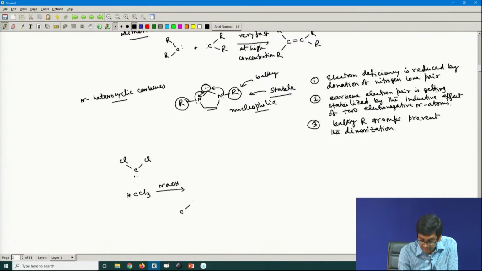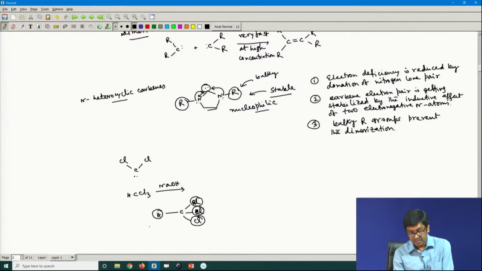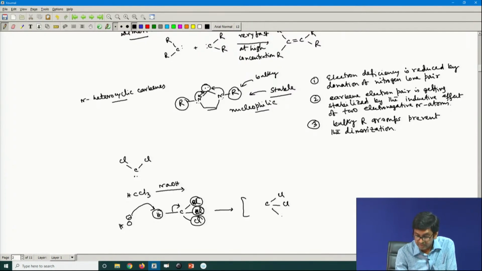So, if we draw it with chlorine, due to the presence of these three chlorine atoms over here, this hydrogen becomes extremely acidic, and if you give the base, it will pick up this acidic proton and generate one carbanion, which is a charged species.